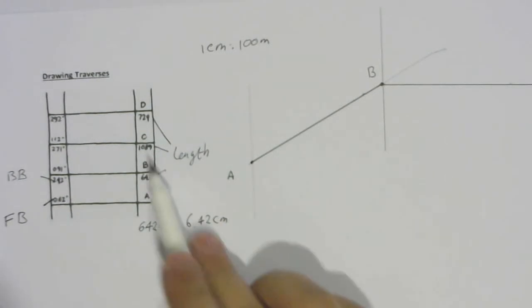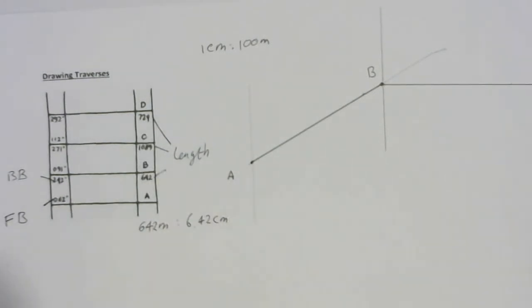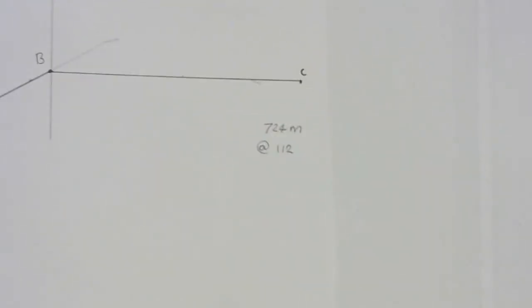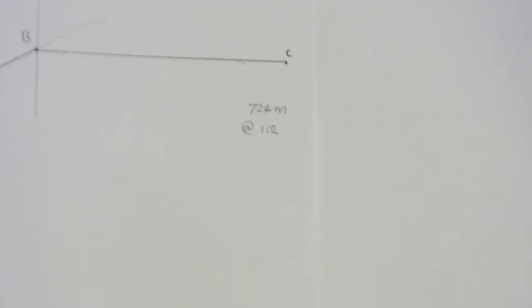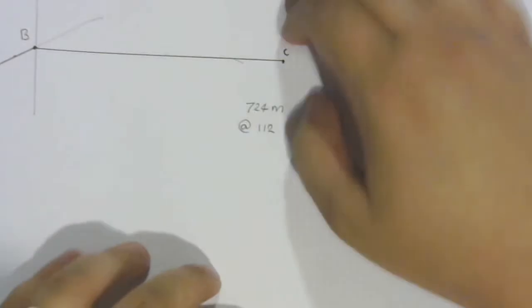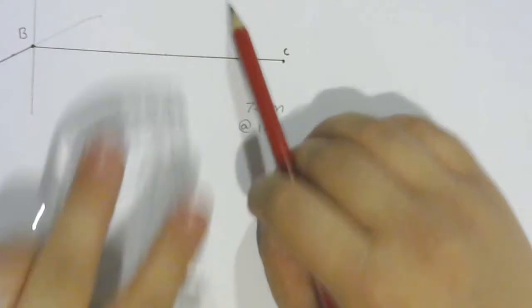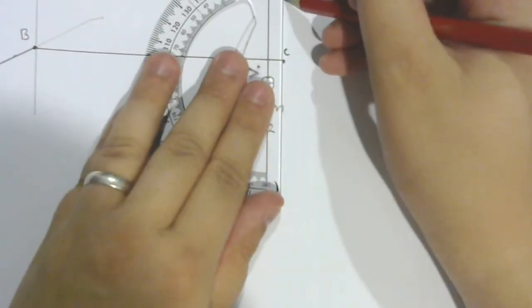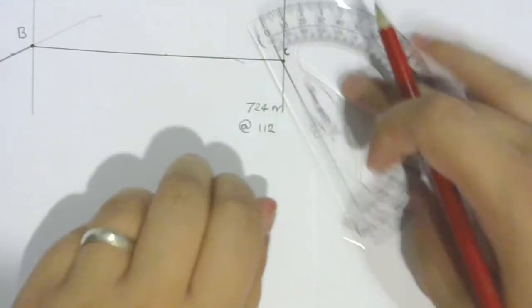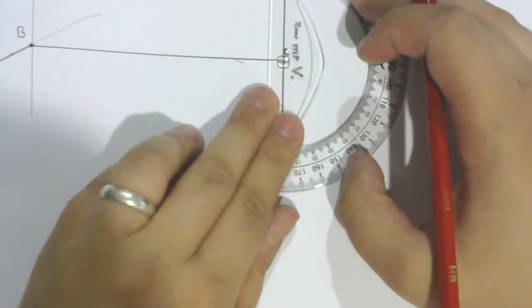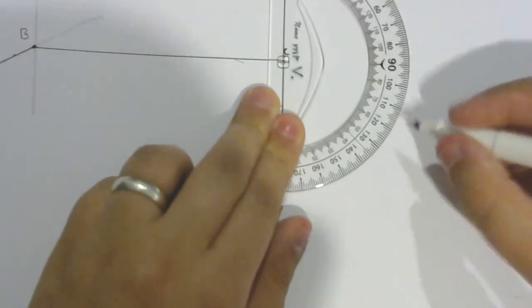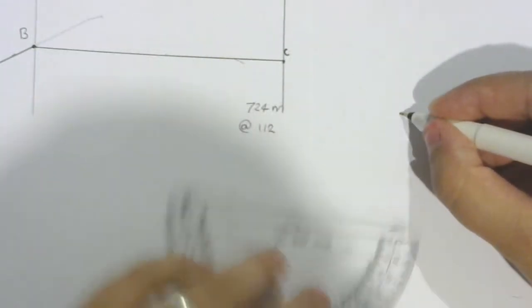All right. My next one is 724 meters at a bearing of 112 degrees. I'm just going to have to extend my page here. So, again, we draw in our north, and then we draw in our bearing, which was 112 degrees. 112 lays here.